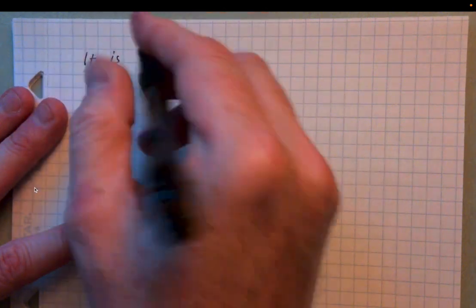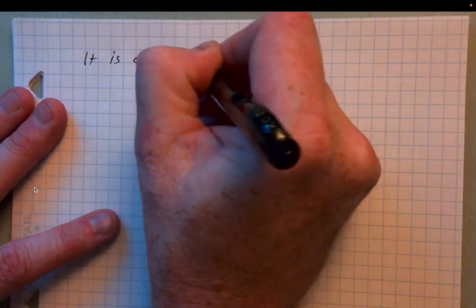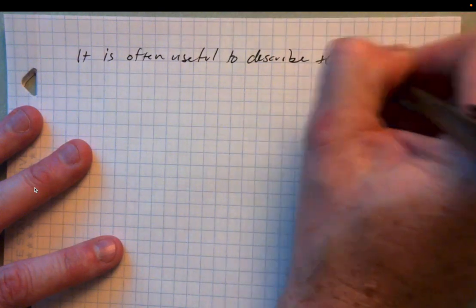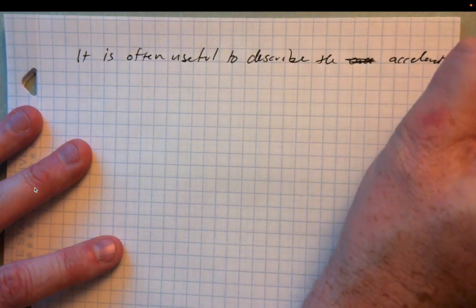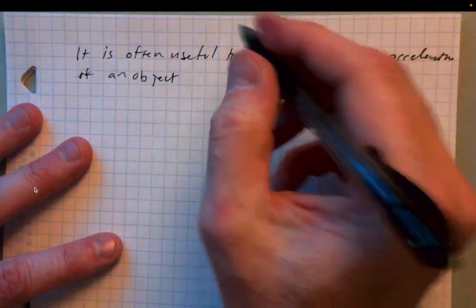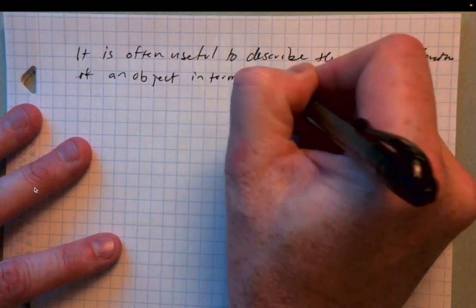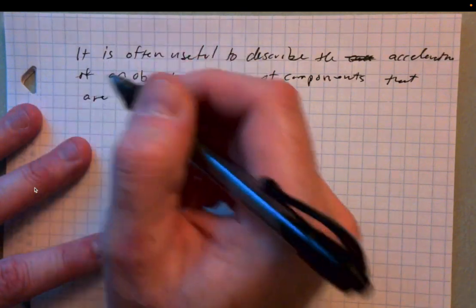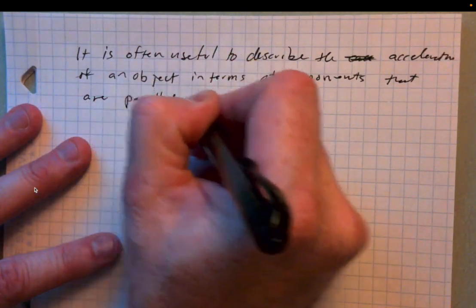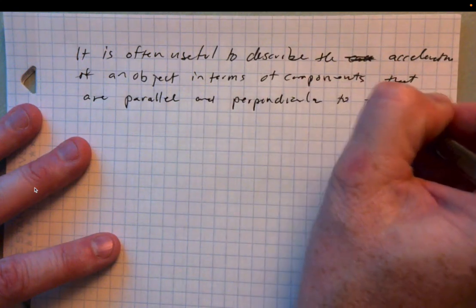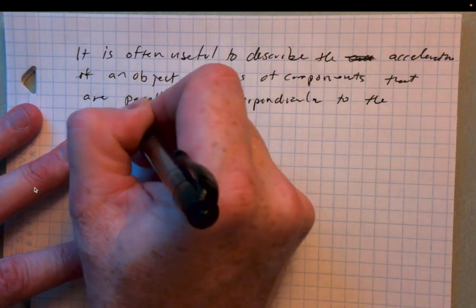It is often useful to describe the acceleration of an object in terms of components that are parallel and perpendicular to the velocity. Now, why is this?